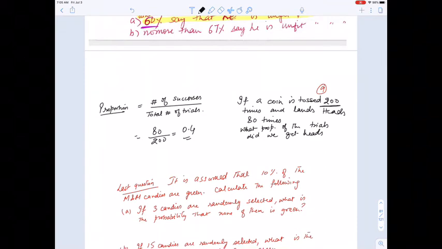Sample proportion is given by the symbol p hat. Very important to recognize this. But population proportion is p. P is the probability of success.